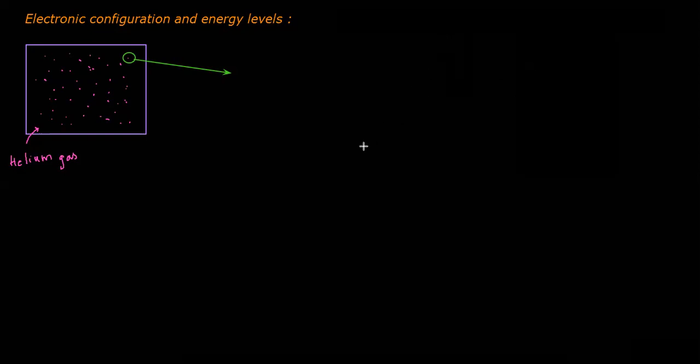At the center, as we know, the atom has a positive charge, or you can say the nucleus at the center, and it has electrons revolving around the nucleus, which means it has orbits like this.